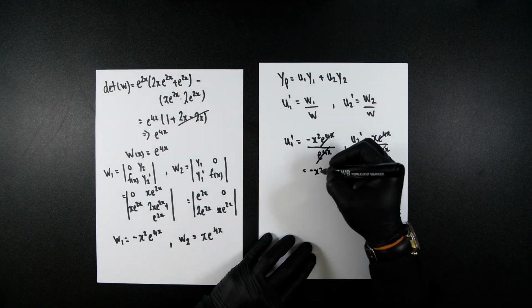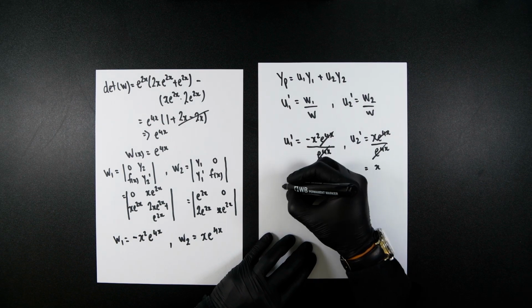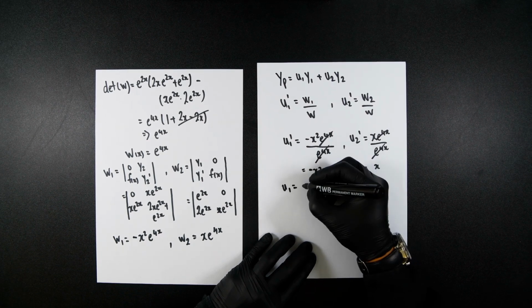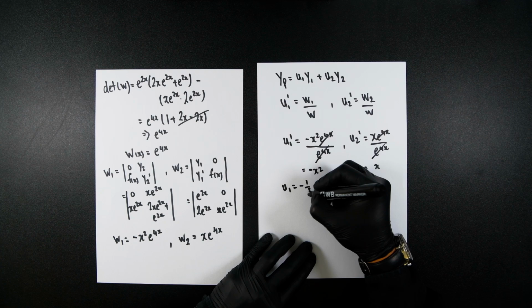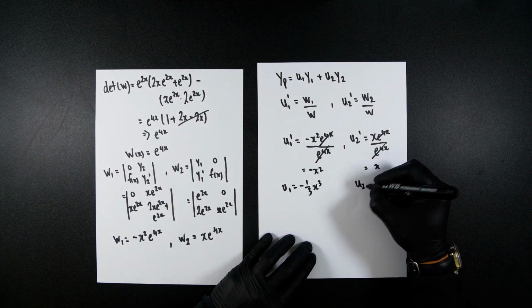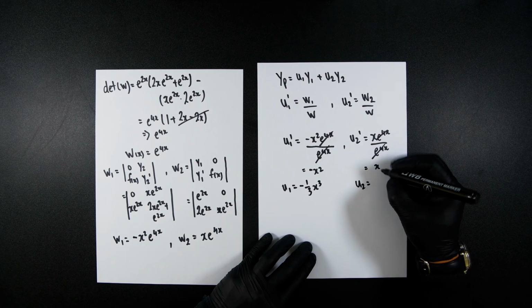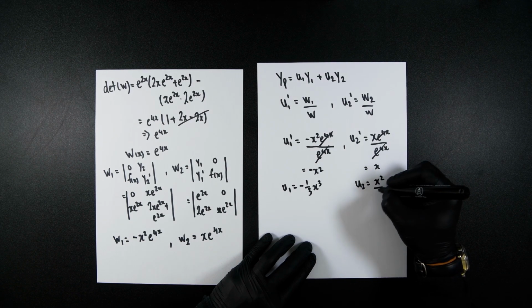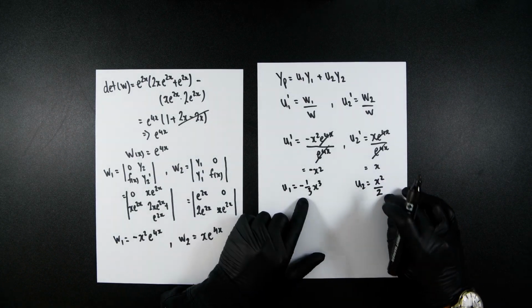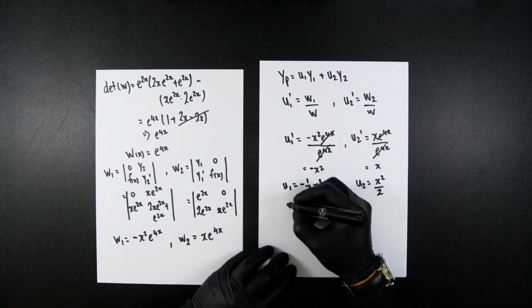We're now going to integrate this, so u1 would then become the integral of that. It's going to be minus a third x cubed, and then this integrated, so u2 is x squared divided by 2. So we can now plug all of this into here.